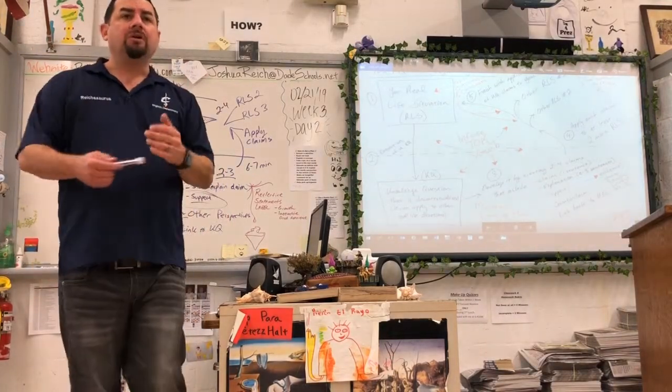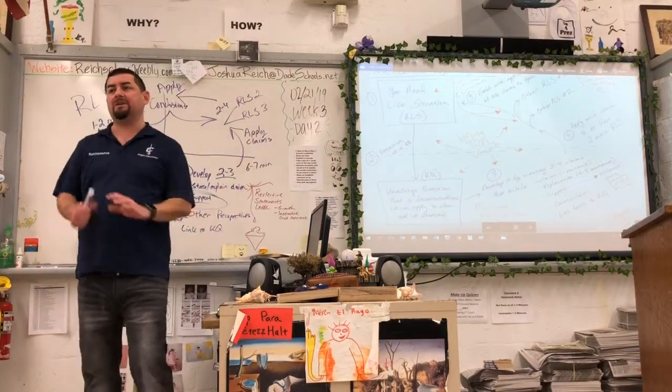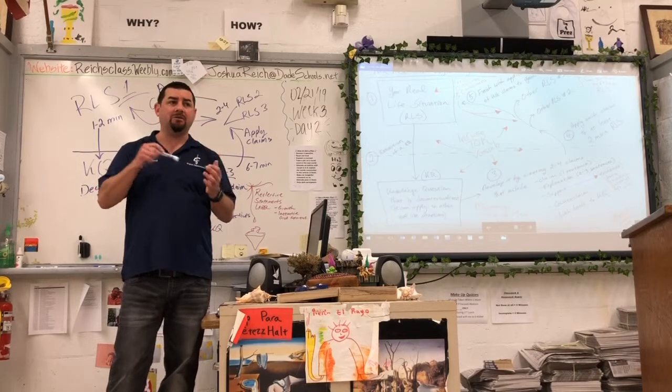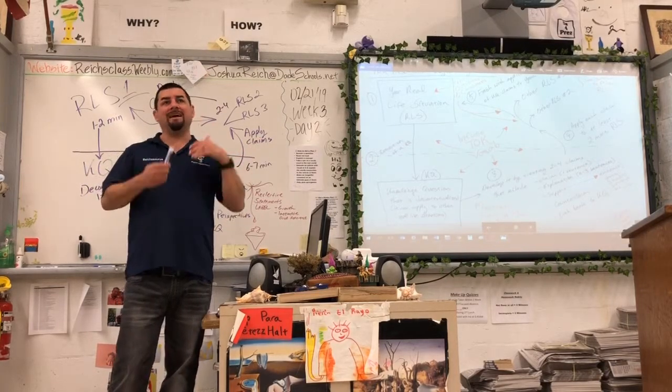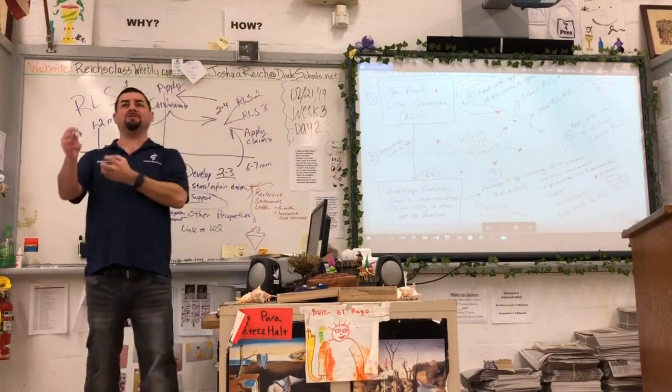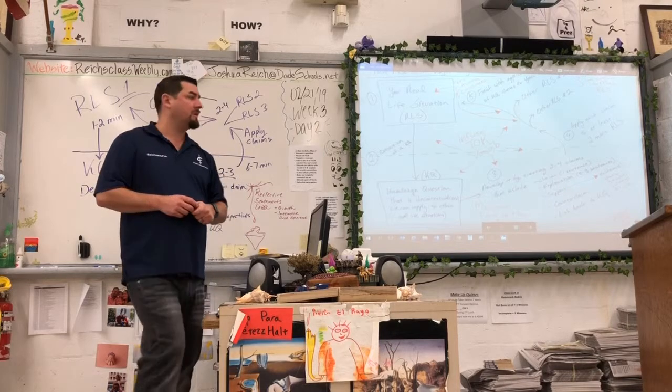Remember, you don't necessarily have to prove that you are right in every case. That's not what TOK is about. TOK is much more about showing that you are aware that certain things apply in some cases and others apply in other cases. All right?